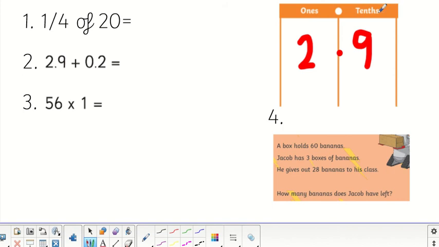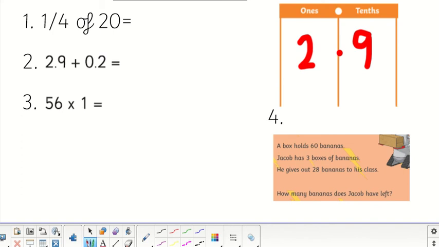So if it's called tenths, how many do you need in order to make 1? Pause the video now and have a little think. Yes, 10. So if I added 0.1 to this, this would turn into a 3. Well done.